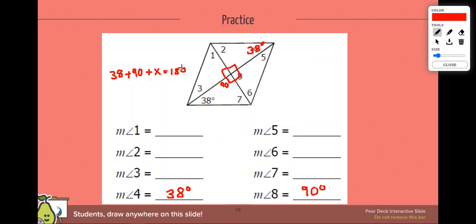So if I add all of those together, I should get that x is equal to 52 degrees. So that means angle 7 is 52 degrees. And alternate interior angles would mean that number 2 would be 52 degrees.